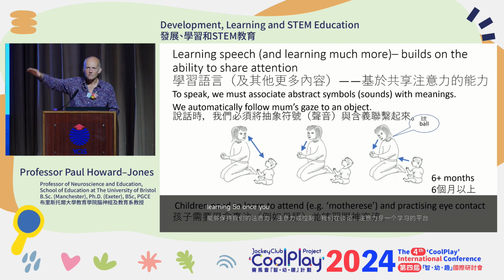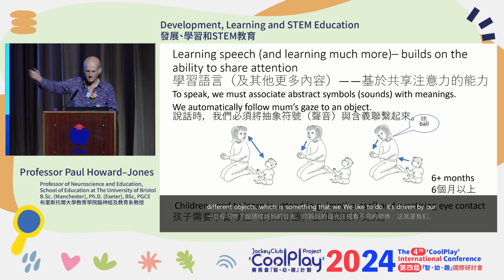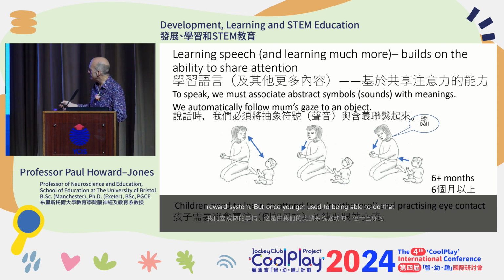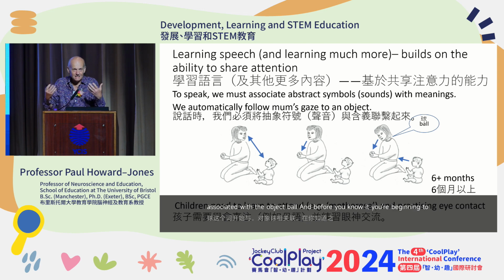So once you get used to following your mother's gaze to different objects, which is something that we like to do, it's driven by our reward system. But once you get used to being able to do that, then when your mother looks at a ball, baby also looks at the ball, and when mum says ball, then the sound of the word ball starts becoming associated with the object ball, and before you know it, the child is beginning to repeat that and name objects, and this is the foundation of language.